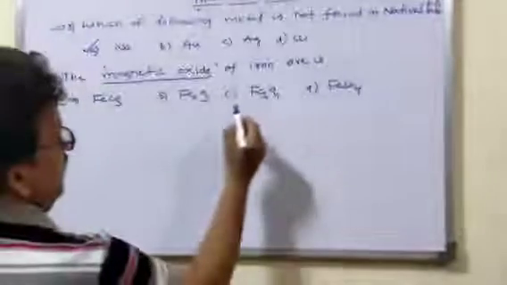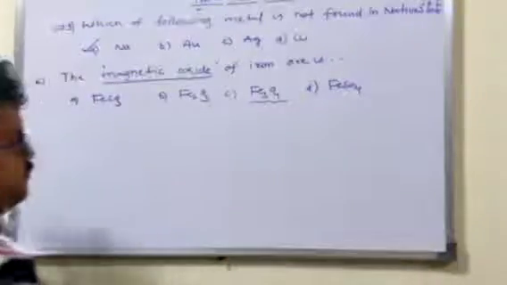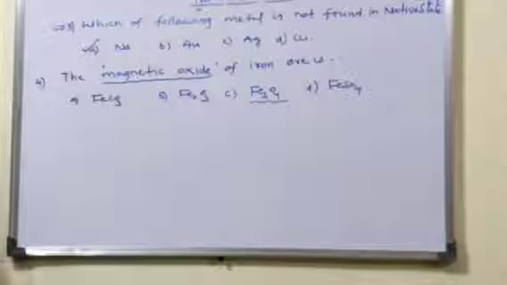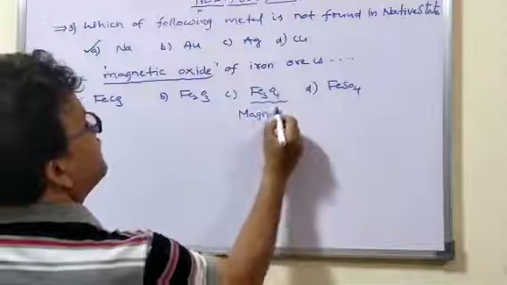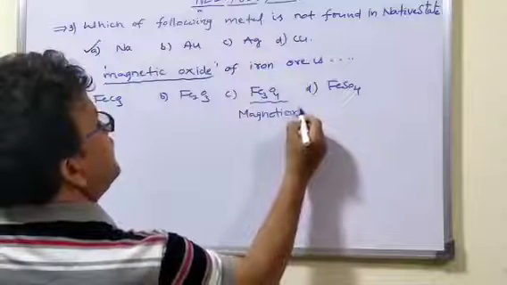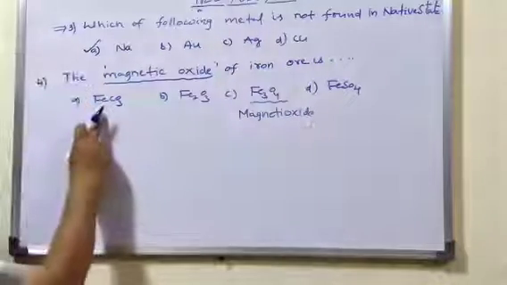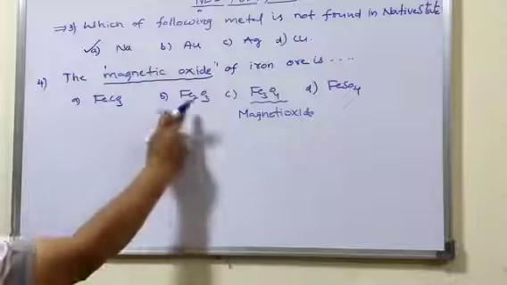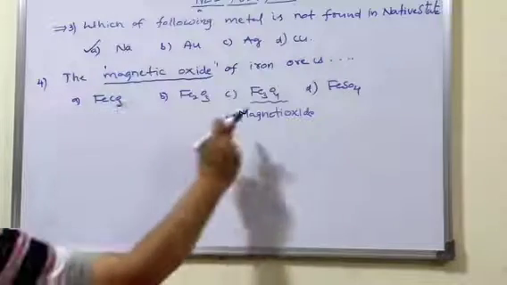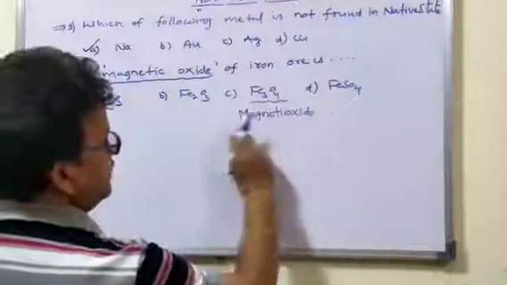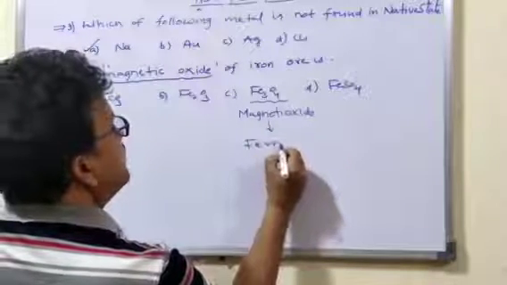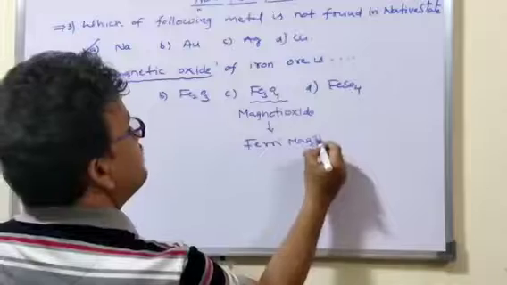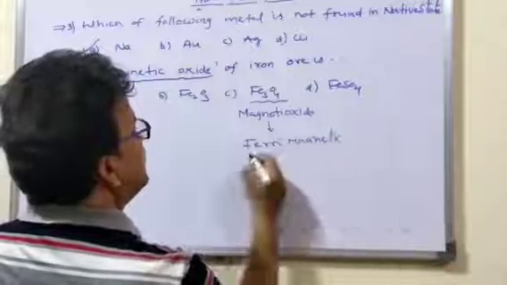Remember, here we have Fe3O4. Fe3O4 is well known as magnetic oxide. Sorry, this is oxide, this is carbonate, this is oxide only. This is called as magnetic oxide. Why? Because it has ferrimagnetic nature.